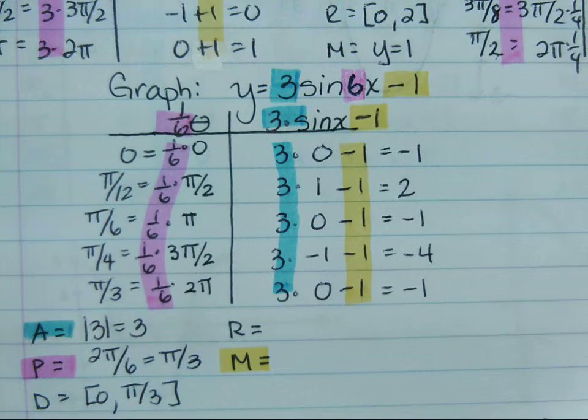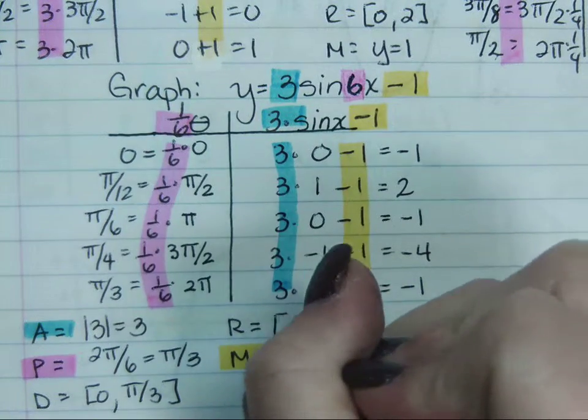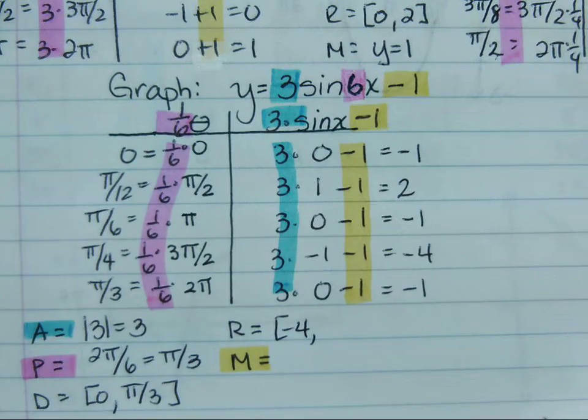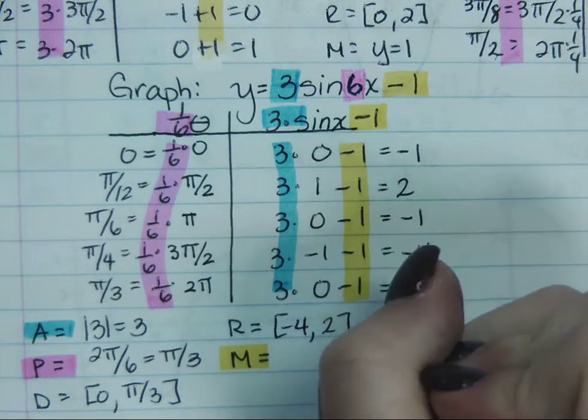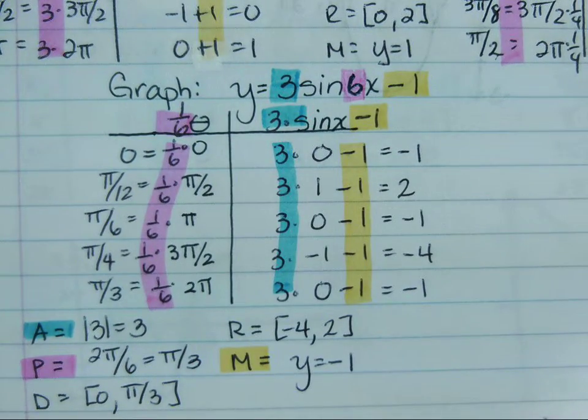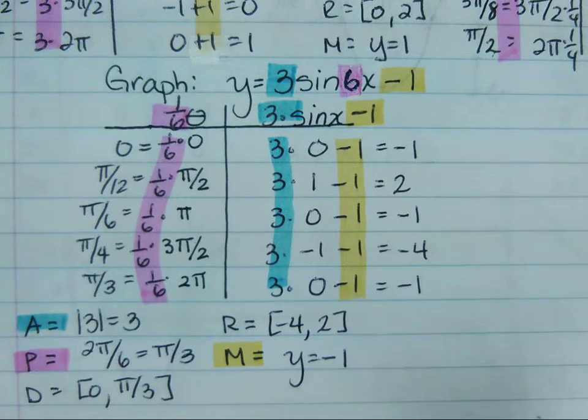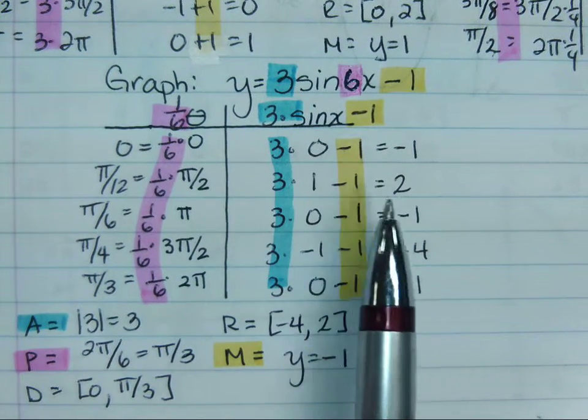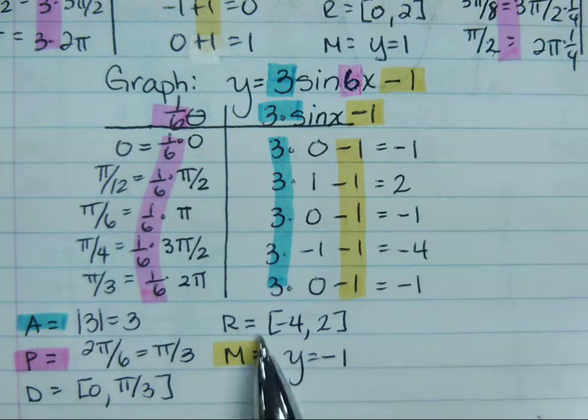And now my range, my lowest y value is -4, and my highest y value is 2, and then my midline is down here at -1. And so again, this is what you want your chart to look like, your input-output chart, and how you want to identify all of the key pieces.